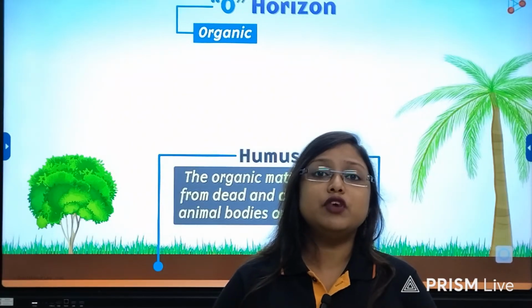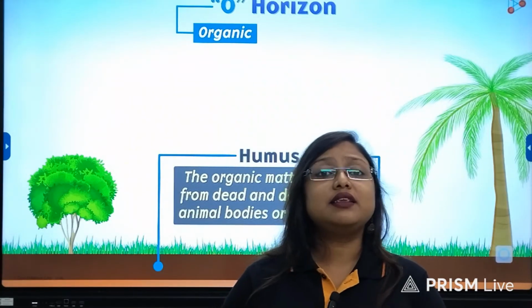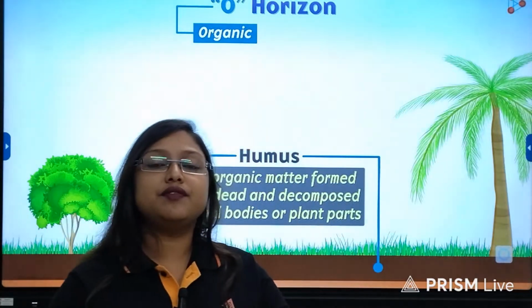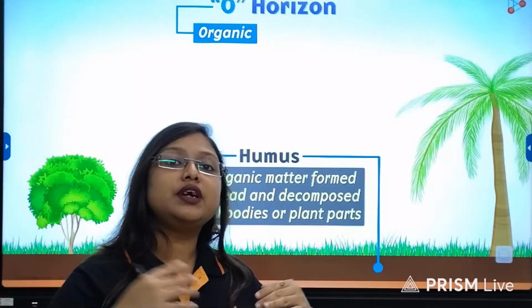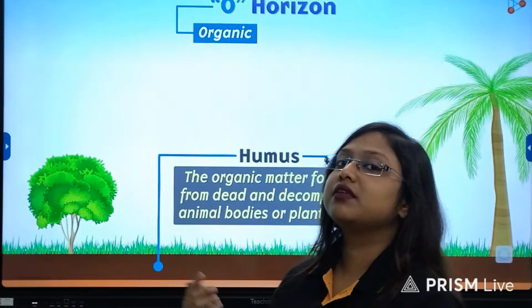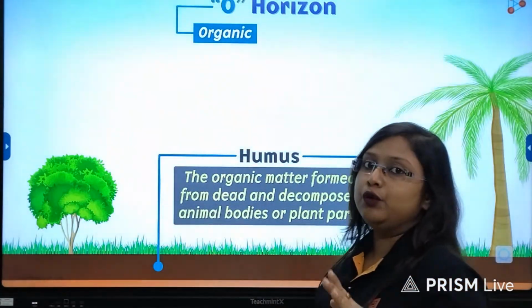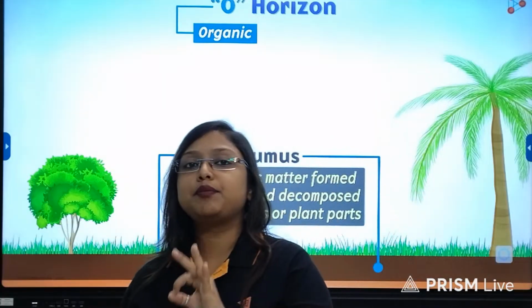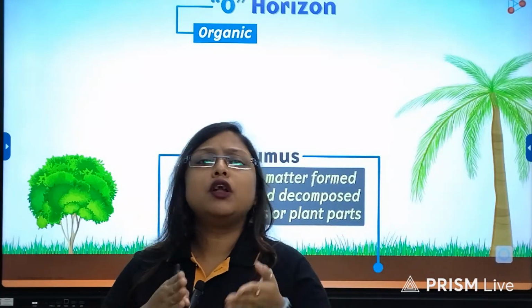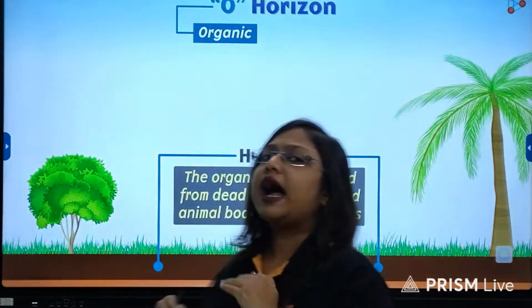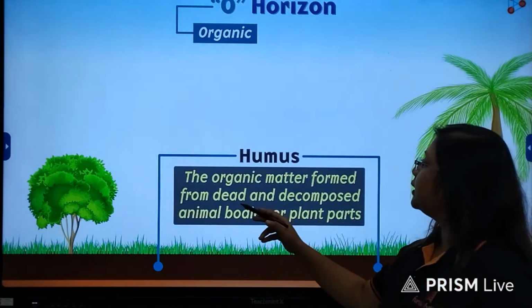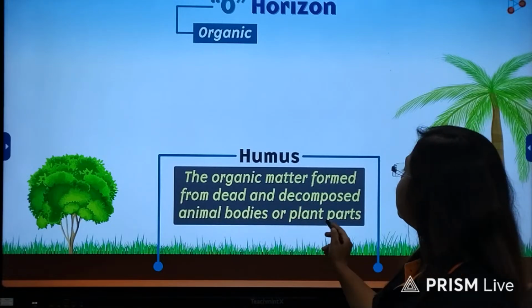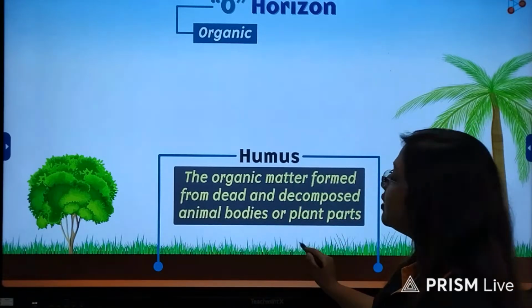Everything which is a living being eventually dies. If this is the soil surface, they die on the ground, and then they decompose into this surface. We are not talking about humans, but about plants or small creatures.